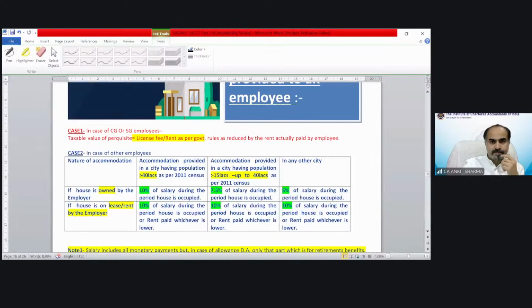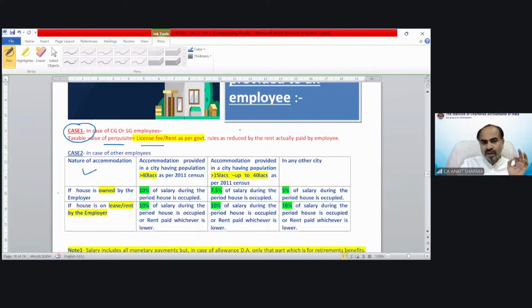So this is the salary provision. Case 1, in case of central or state government employee, we have seen in case of unfurnished accommodation, license fee.